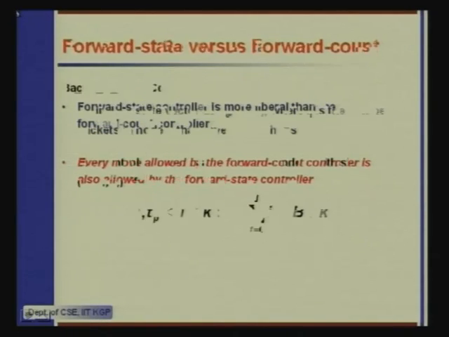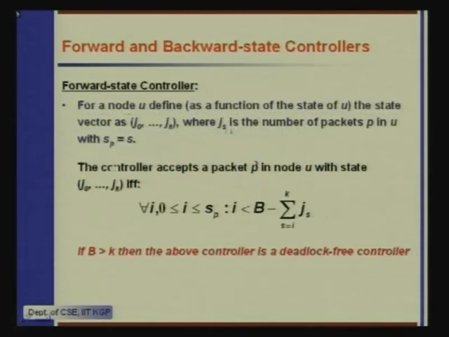Now, we have to prove that this forward state controller is deadlock free. The proof is very similar to the way in which SP is the number of hops that the packet P still has to go.